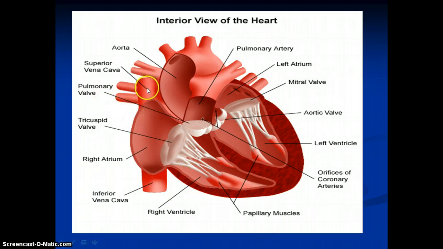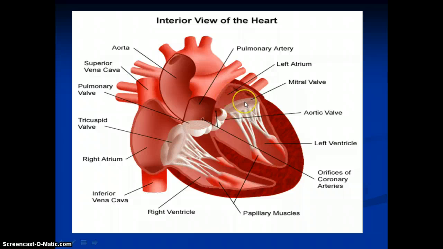From here they enter the right atrium, and through the tricuspid valve, which is right here, they enter the right ventricle. They then go into the pulmonary artery, with still oxygen-poor blood, to go to the lungs, where oxygen exchange occurs. They then enter the heart again through the pulmonary veins, and they enter the left atrium.